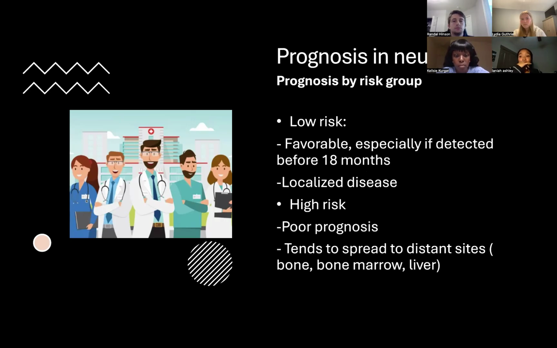For low-risk neuroblastoma, the prognosis is more favorable, especially when it's detected before 18 months, and with the tumor being localized, it's easier to detect. However, for high risk, it's poor because of the ability to spread to distant areas, which makes it more complicated.